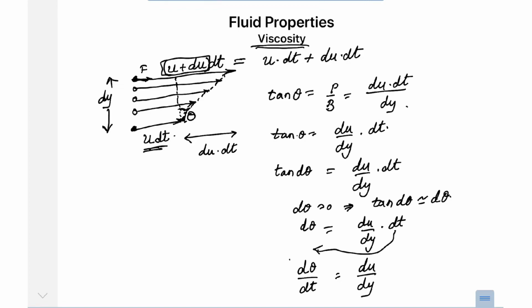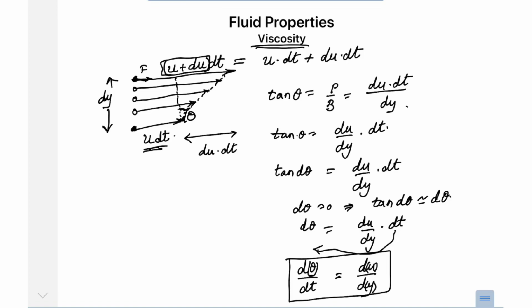That means now you can say that, as theta is the angle of shear deformation, d theta by dt is nothing but the rate of shear deformation, which is equal to the difference in velocity to the difference in the distance between those two particles.